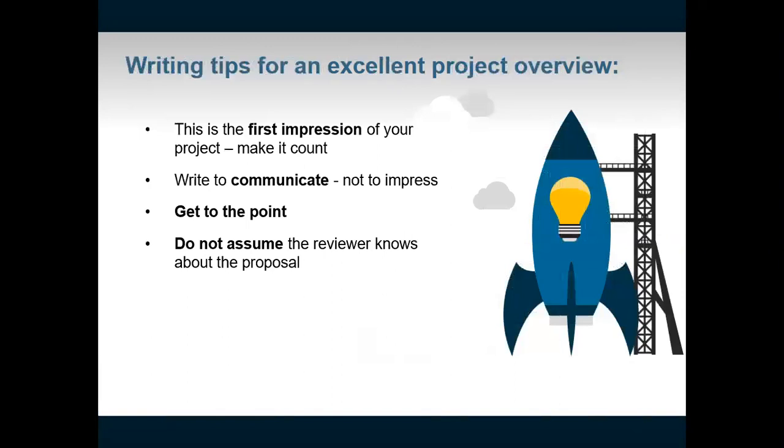Because we have some reviewers for these grant applications that are not educators, don't assume that your reviewer understands your proposal or will understand any of the words that you're using that might be specific to education. So you want to make it as plain and simple as you can.